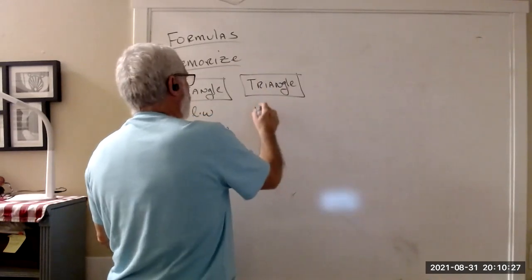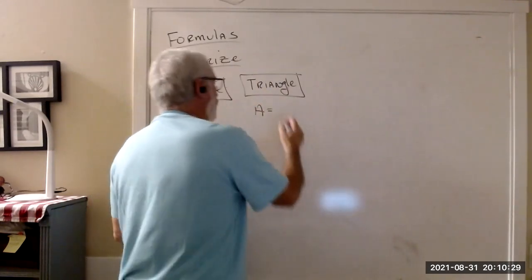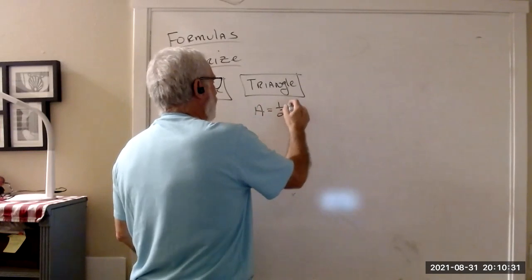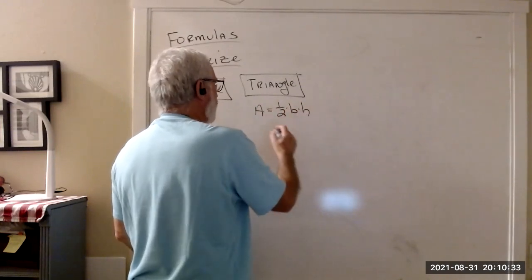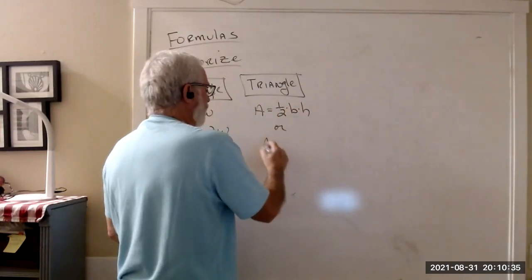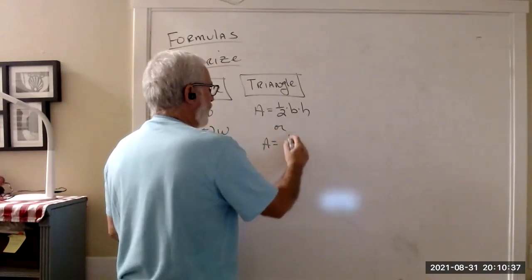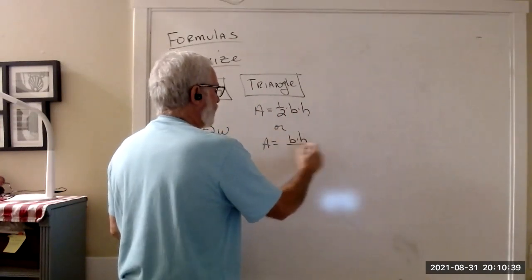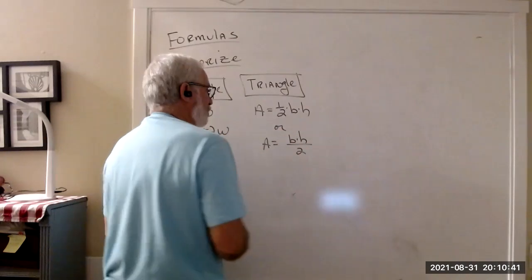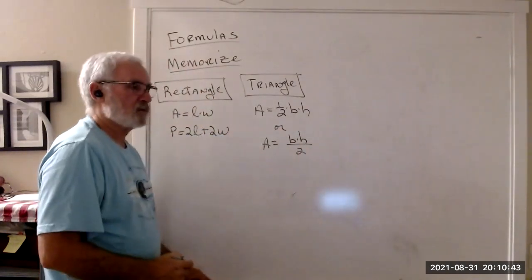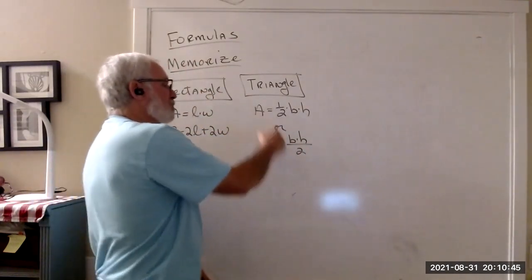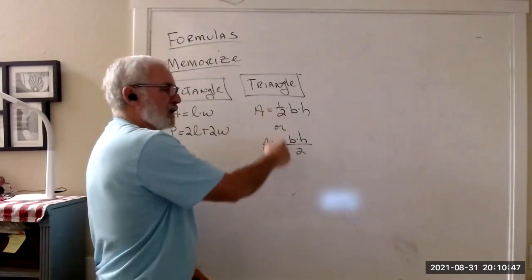Okay? The area of a triangle is 1/2 times the base times the height, or some of you have learned the area is base times height divided by 2. Divide by 2 and multiplied by 1/2 are exactly the same thing.